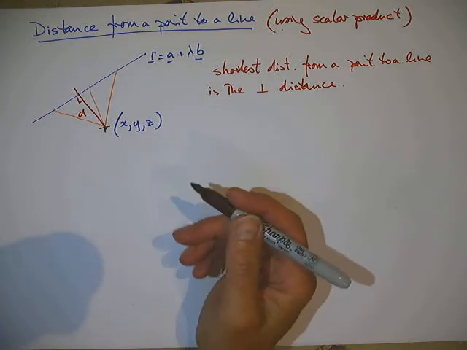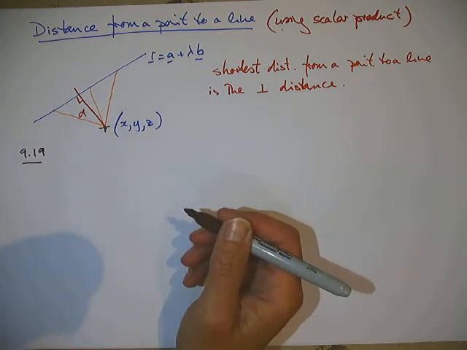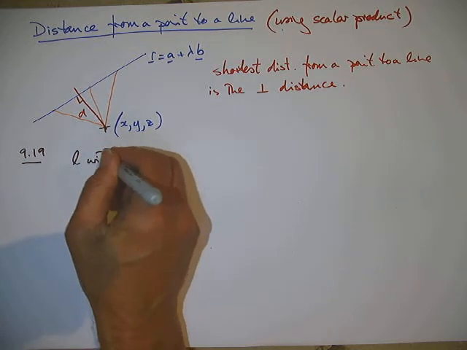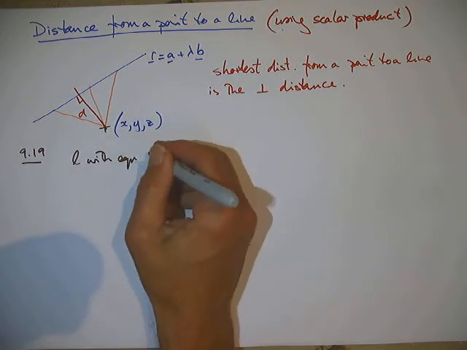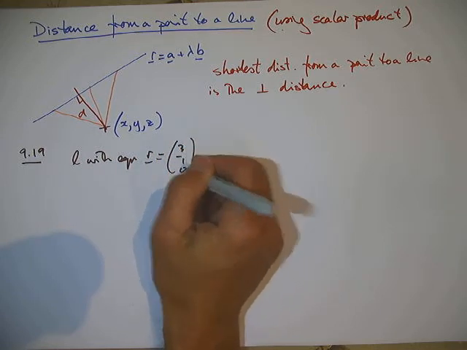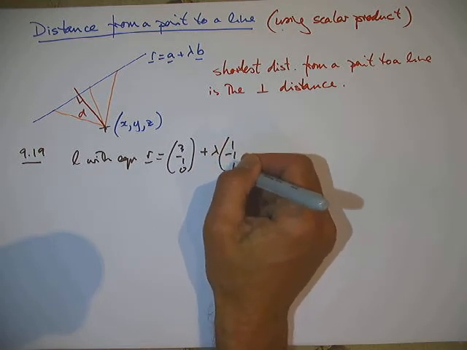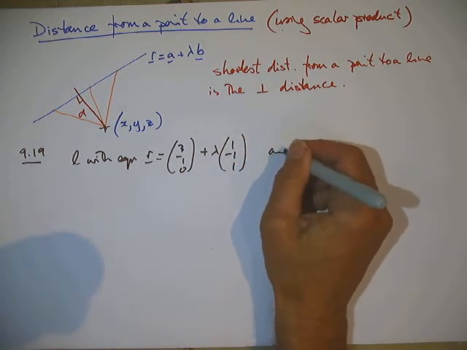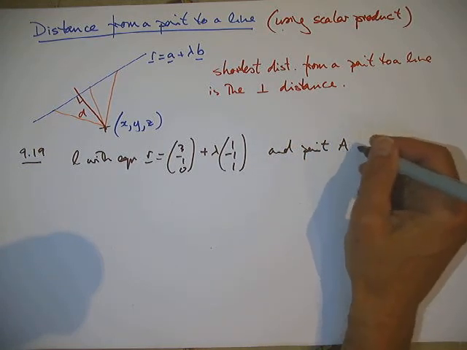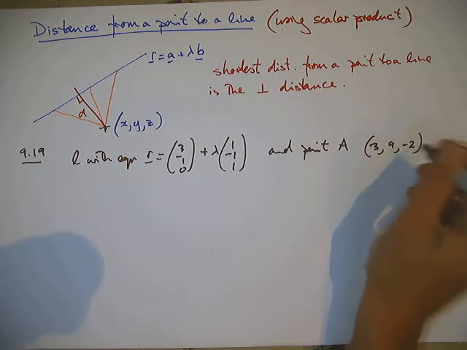Right, if we work our way through worked example 9.19, if we had a line with equation r equals (3, -1, 0) plus lambda (1, -1, 1) and a point A (3, 9, -2).